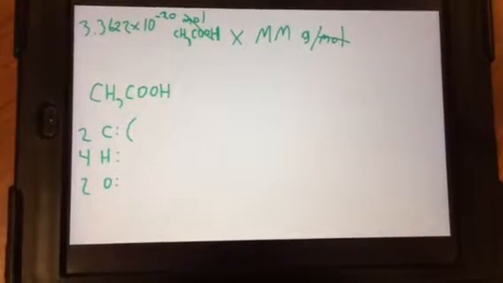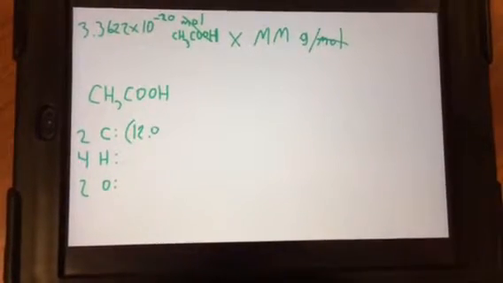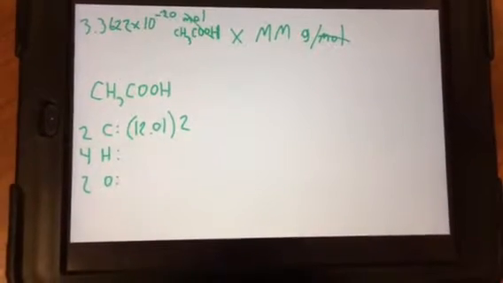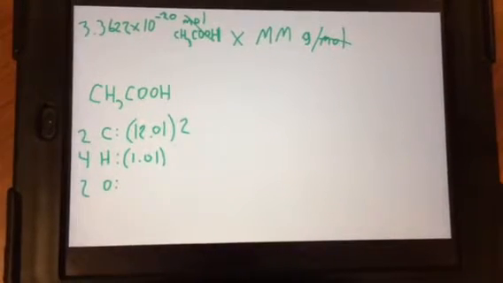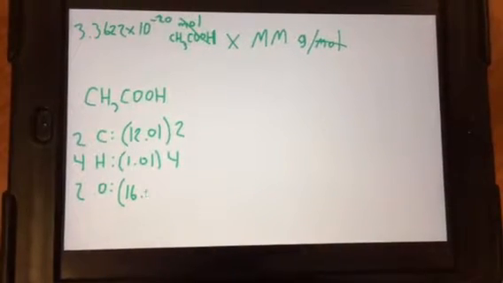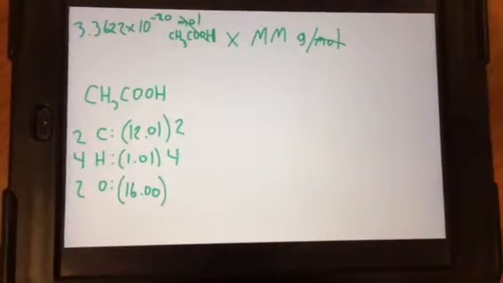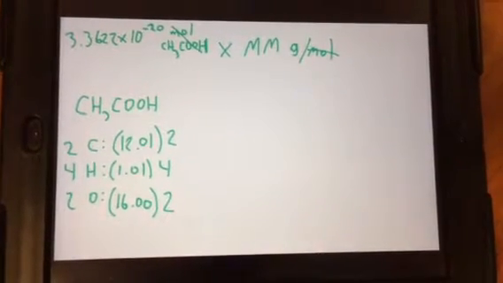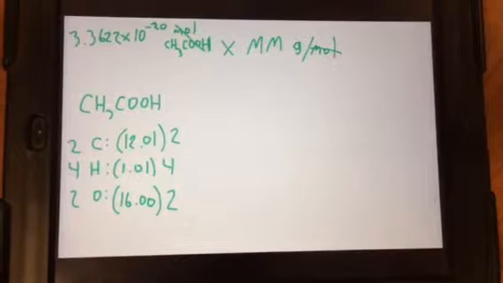So we know that carbon is 12.01 grams times 2 because there's 2 carbon atoms, and hydrogen is 1.01 grams times 4 because there's 4 hydrogen atoms, and oxygen is 16.00 times 2 because there's 2 oxygen atoms in the formula CH3COOH.